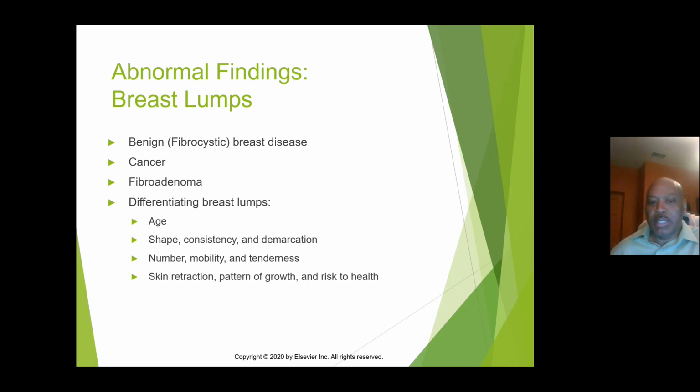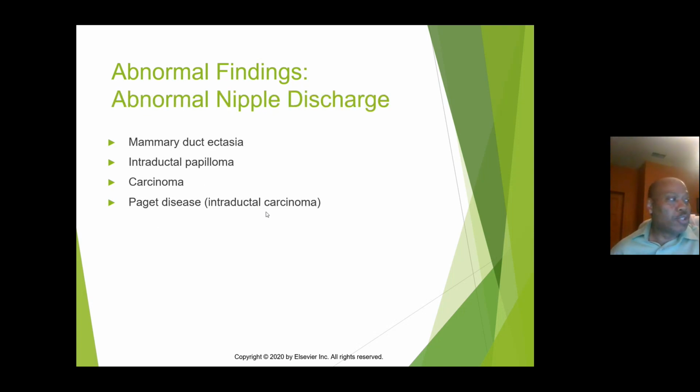So the difference is one would be stony hard, whereas the others would be more rubbery and can be soft if it's benign breast disease. Not anything necessarily that you really have to know, but if it is on an exam, of course, I'll let you know that as well.